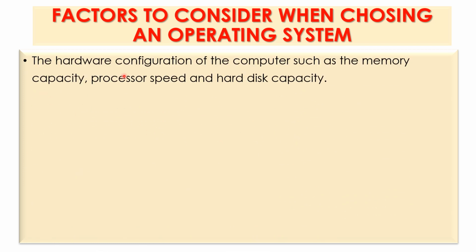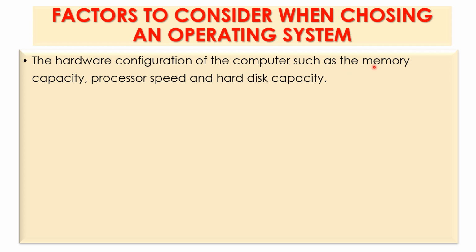So the hardware configuration of the computer, such as the memory capacity, processor speed, and the hard disk capacity. When you are deciding on an operating system, you need to see the hardware configuration of your computer. By configurations, we mean the specifications of your hardware.